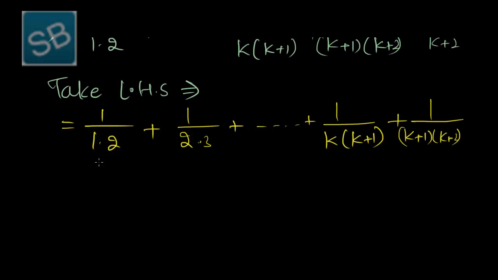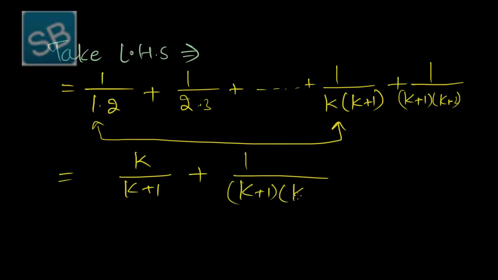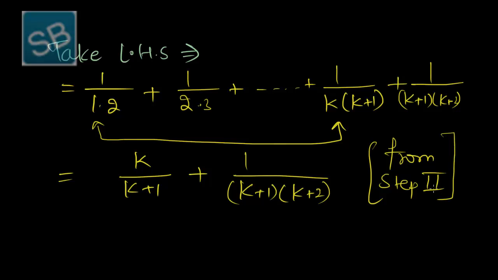So if we see that, up to these terms, the result is known from step 2. So we replace this result by k over k plus 1 plus 1 over k plus 1 into k plus 2. That is again from step 2. So proving step 3 is not difficult.